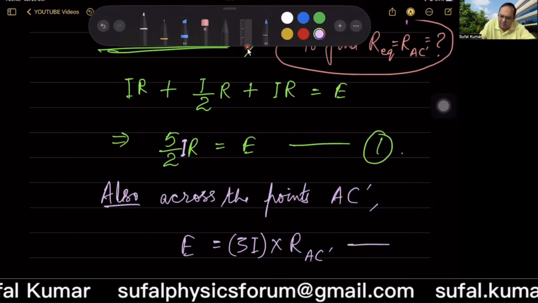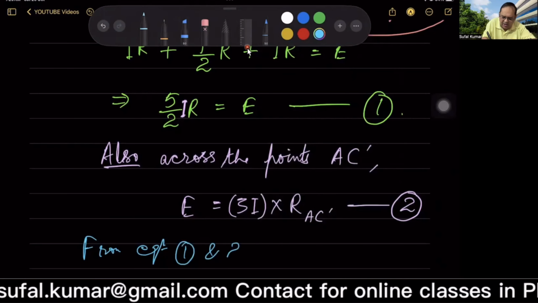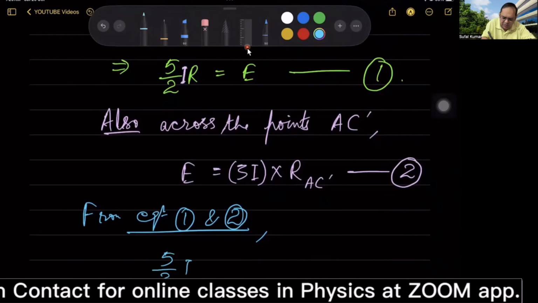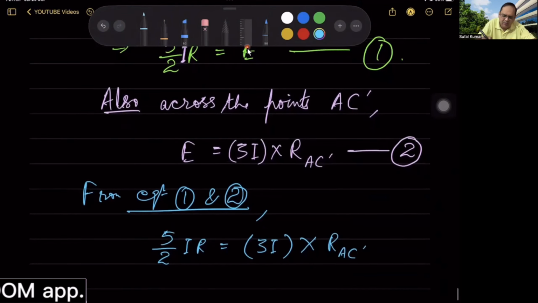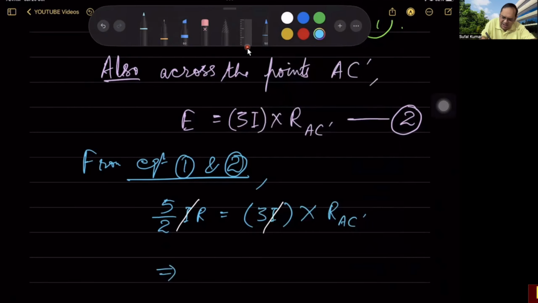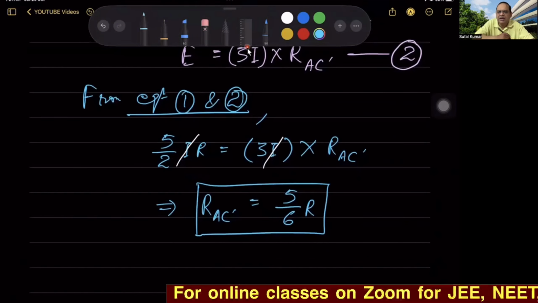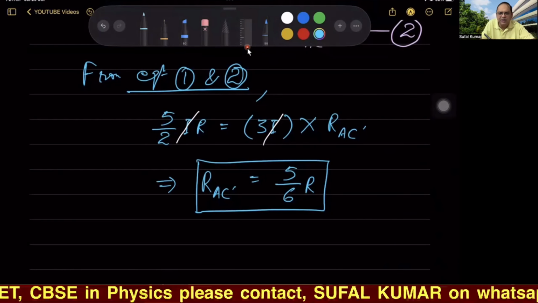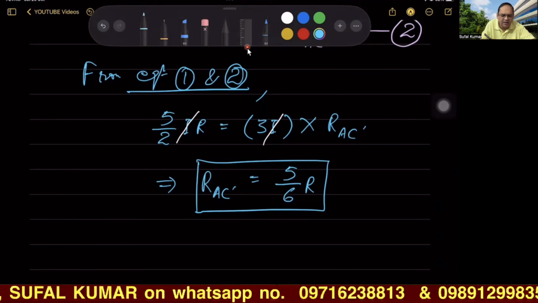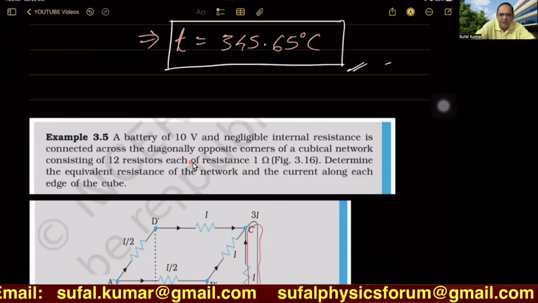This becomes equation number 2. From equations 1 and 2, 5 by 2 IR is equal to 3I into R A C dash, and cancelling I, it implies that R A C dash is equal to 5 by 6 R. So we can generalize also. As far as the answer is concerned, here in the given question capital R was given as 1 ohm. You can see here each resistance is 1 ohm.